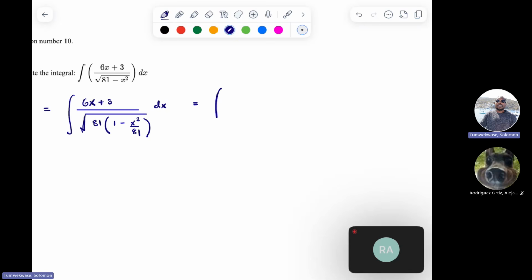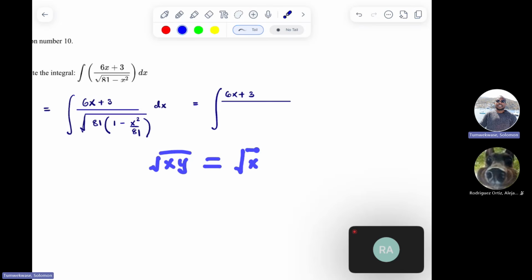So this is the same as integral of 6x plus 3, then over, now, square root of xy, remember it is the same as square root of x, then times square root of y. So all I'm saying is that square root of this is the same as square root of 81, then times square root of this.